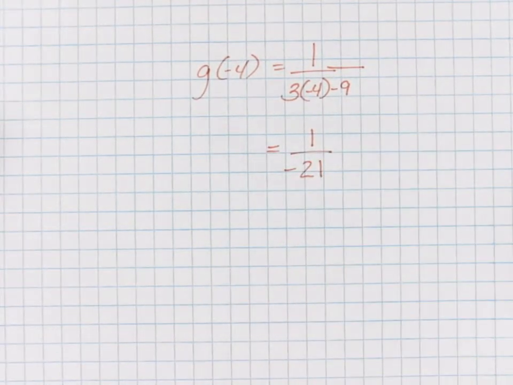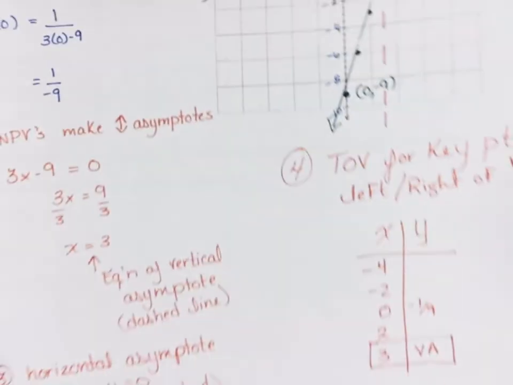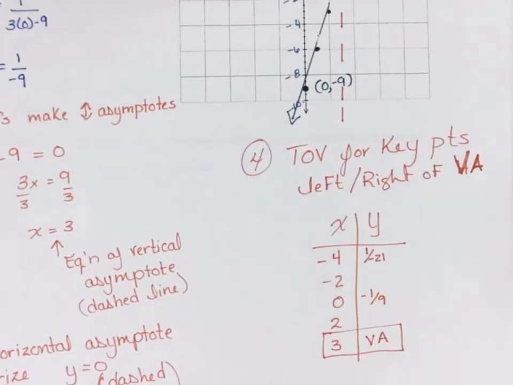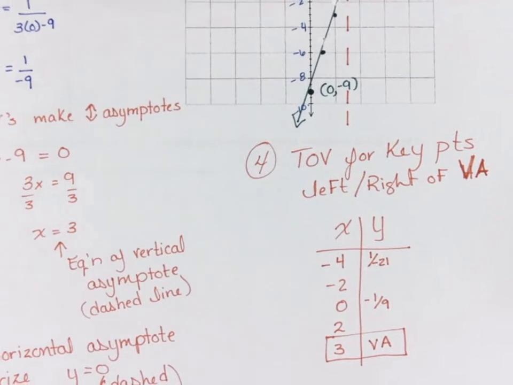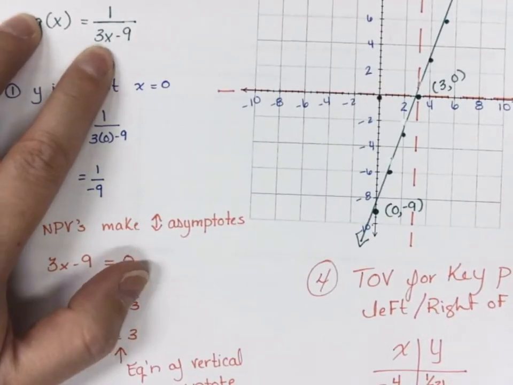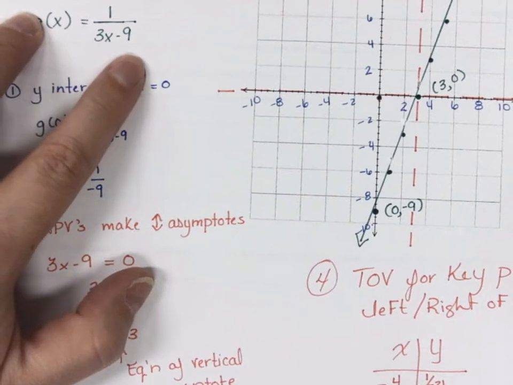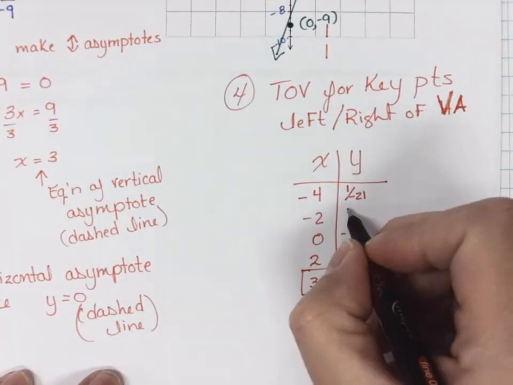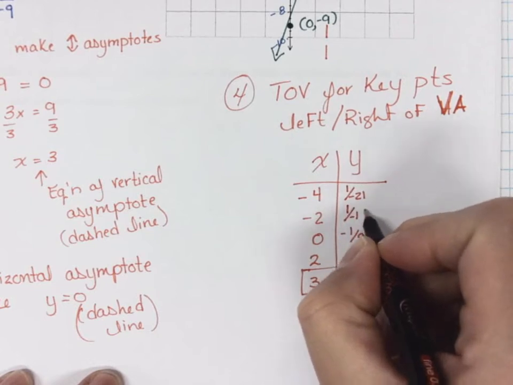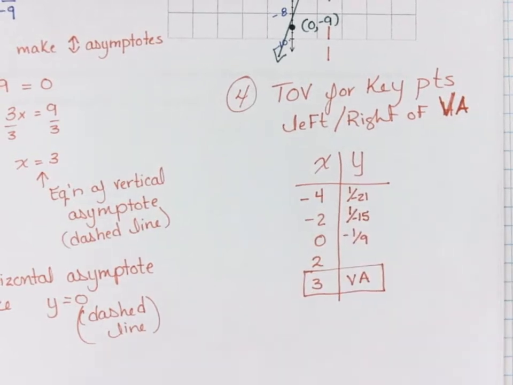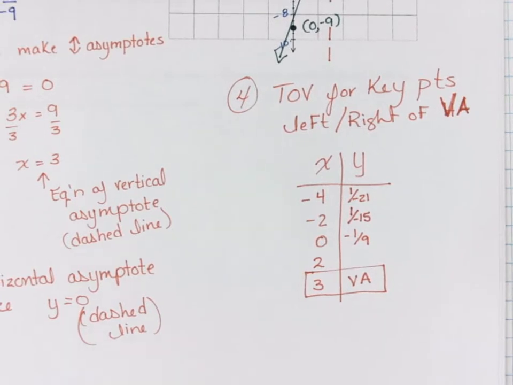So 1/-21. Whew, that's a small decimal. Okay, let's put -2 in there. Can we do this one in our head? So I have a -6 minus 9. -15, but remember we're in the reciprocal graph, so it's 1/-15. Okay, let's put a +2 in there this time. +6 minus 9.